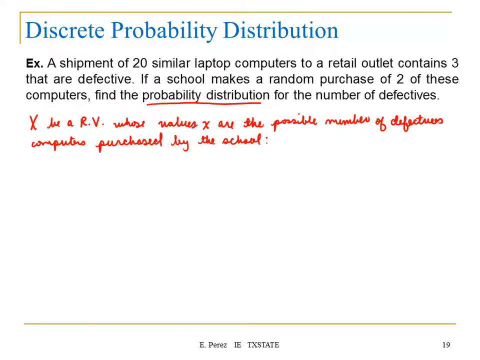Okay, so those are the possible values. Let me put that here. So x can only assume values 0, 1, and 2.